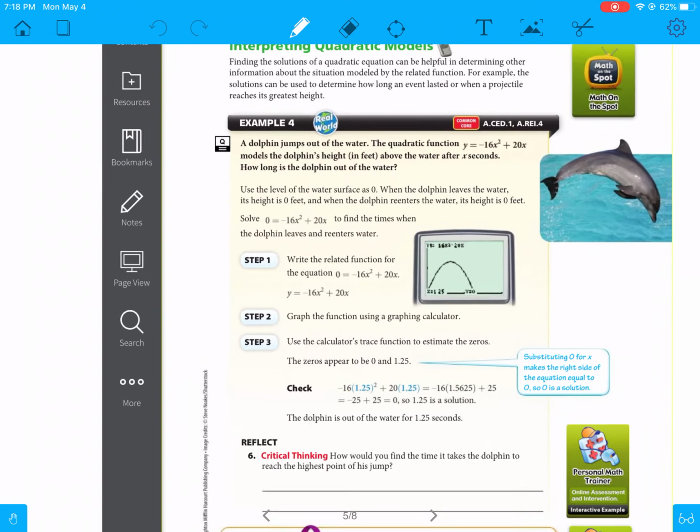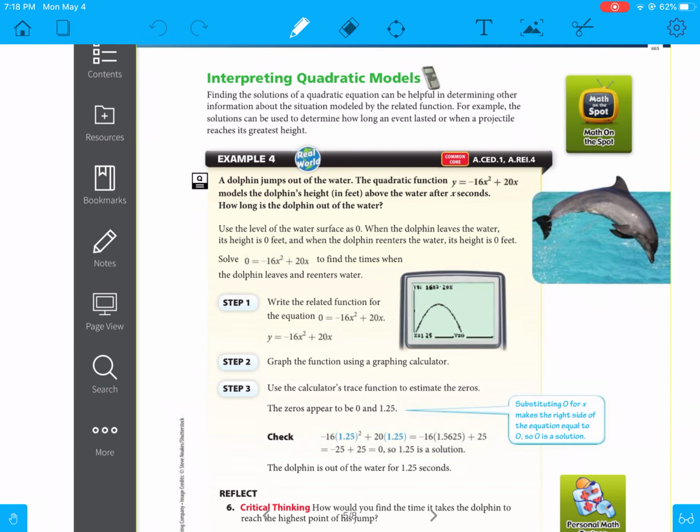And then the next part is the same thing. I would use Desmos for this. It says a dolphin jumps out of the water. The quadratic function y equals negative 16x squared plus 20x shows the dolphin's height in feet above the water after x seconds. How long is the dolphin out of the water?